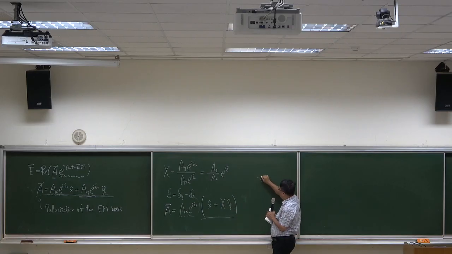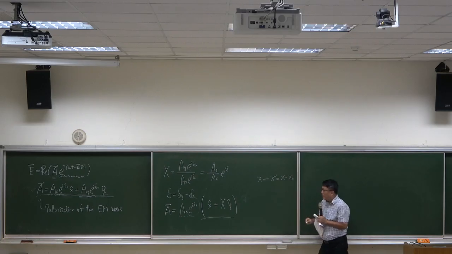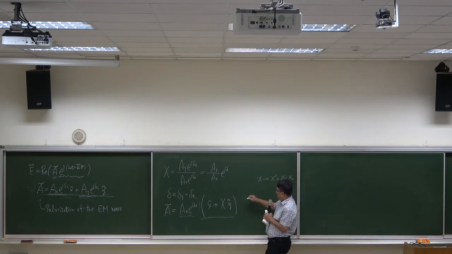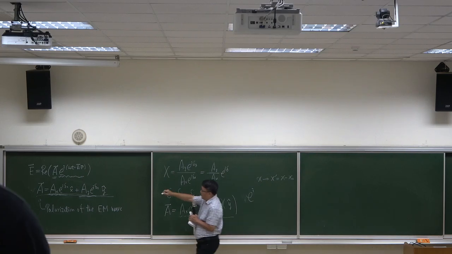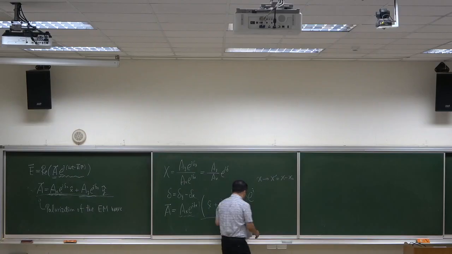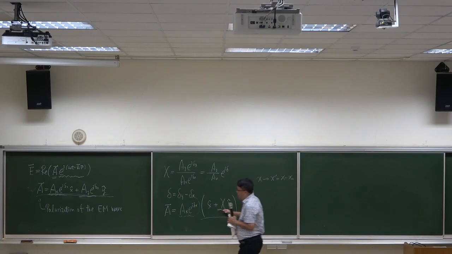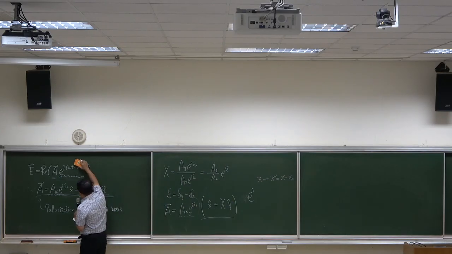If I change our coordinate from x to x prime, equal to x minus x0, say. Here we choose the propagation direction to be along the z-axis.